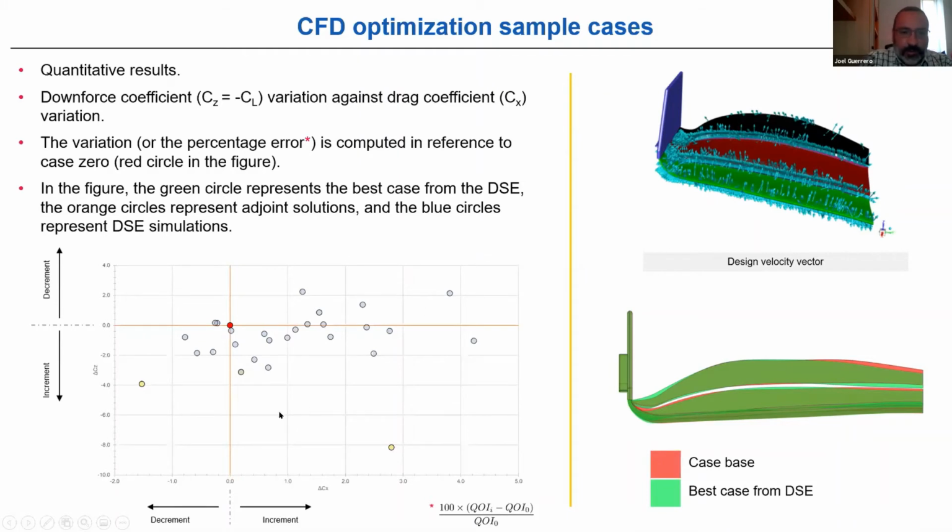The green one is the best case from the design space exploration, and the orange one is the best one from an adjoint. See that with one adjoint solution, they managed to increase downforce a little bit, but it was really bad in drag force. This one decreased drag force, this one increased the drag force a lot, okay? So see that, again, it's very subjective.